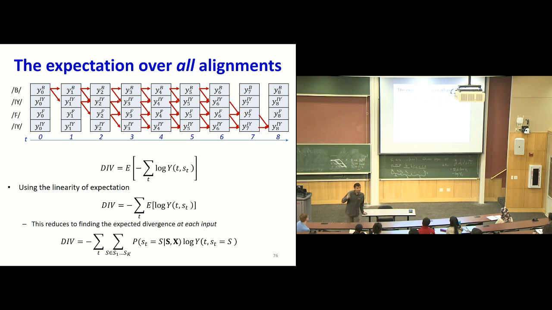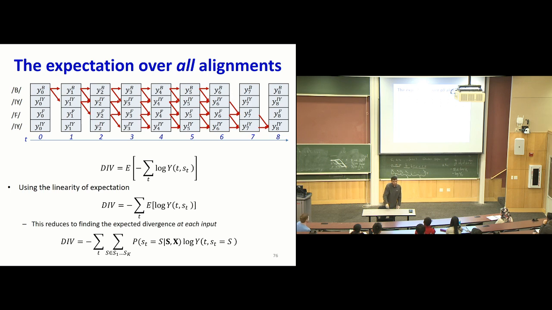But then what was the divergence computed for any alignment? Every alignment assigned a particular symbol at each time, correct? And so the divergence for any given alignment was simply the sum over all time of the negative of the log of the probability of the symbol assigned to that time.